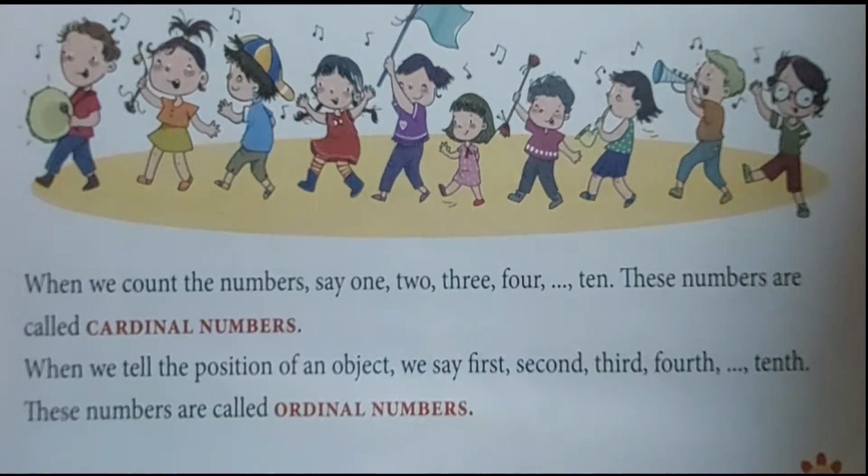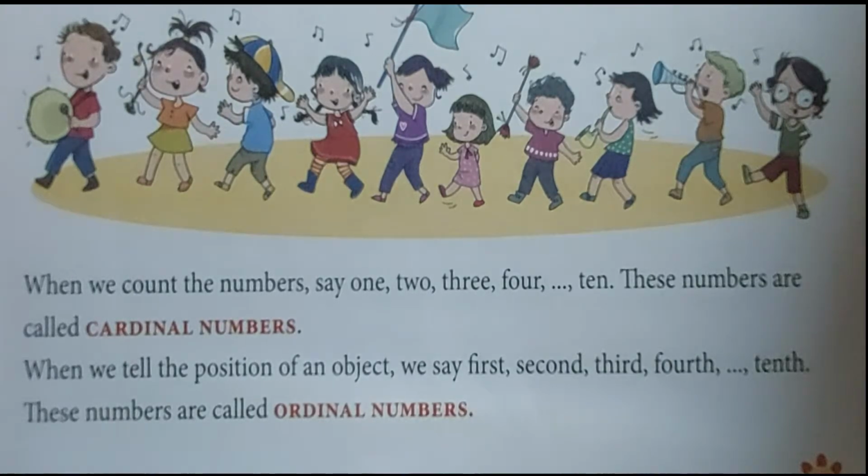And what are ordinal numbers? Yes, the numbers which we use to tell the position of a thing or object are called ordinal numbers. For example, first, second, third, fourth, fifth and so on.